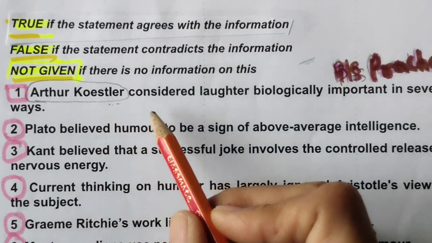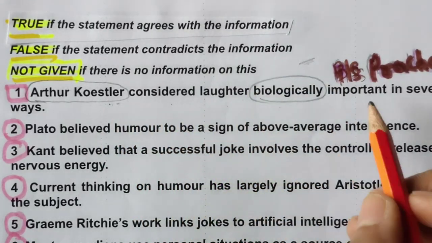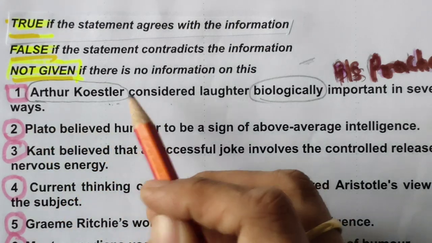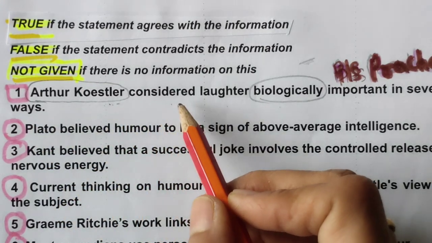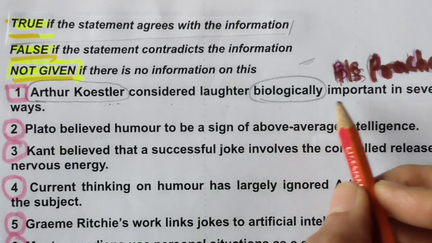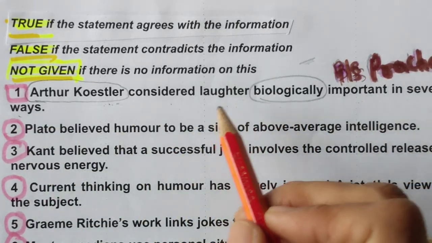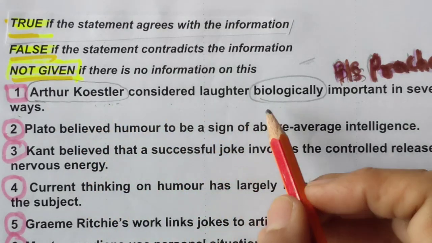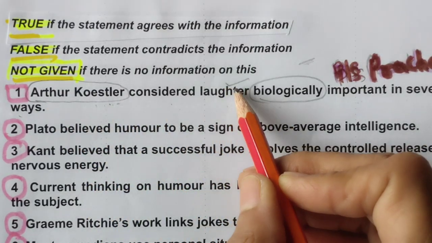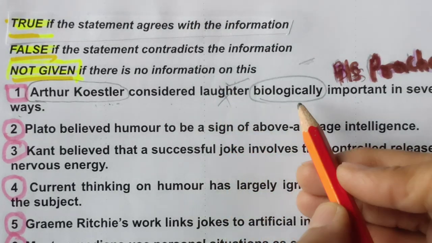So, the author considered laughter biologically important in several ways. He believed laughter is biologically important in several ways. So the important keywords are the author's full name and laughter. Of course, laughter and humor will be in every paragraph, so this is not our keyword.